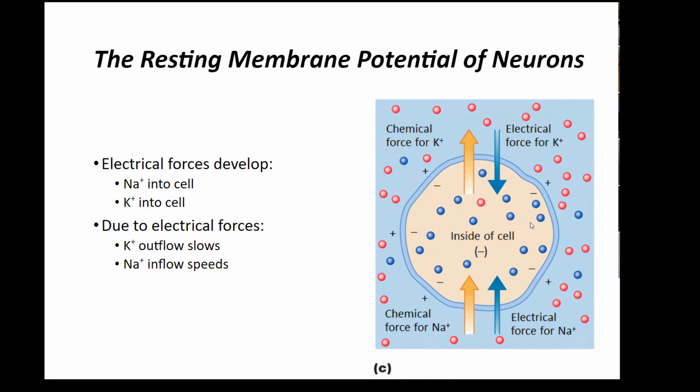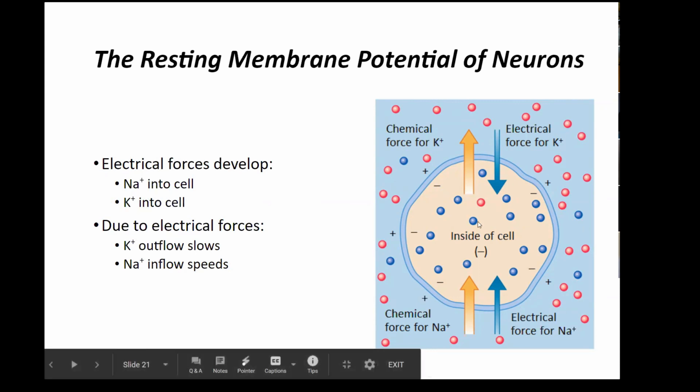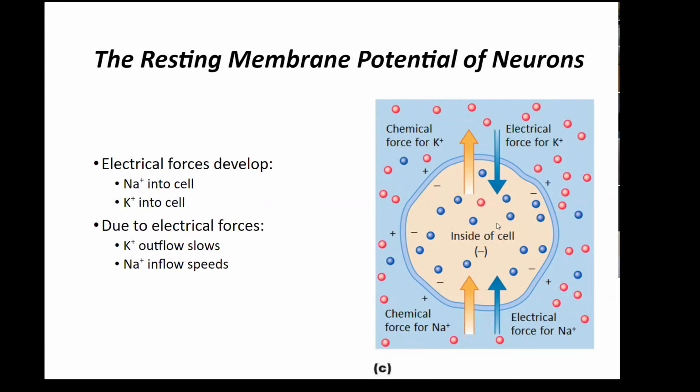Because remember, the electrical force doesn't care if you're a potassium ion or a sodium ion. What it cares about is what kind of charge you have, so that polarity, the positive or negative. And it cares about how charged you are, so the valence, like whether we have calcium 2+ or just our sodium 1+, our potassium 1+. So we have our sodium and our potassium both attracted to this negative charge.